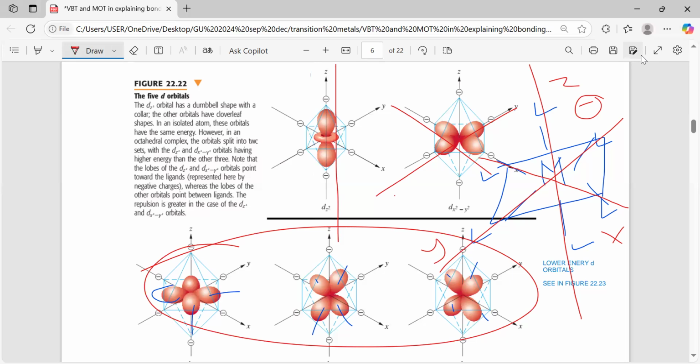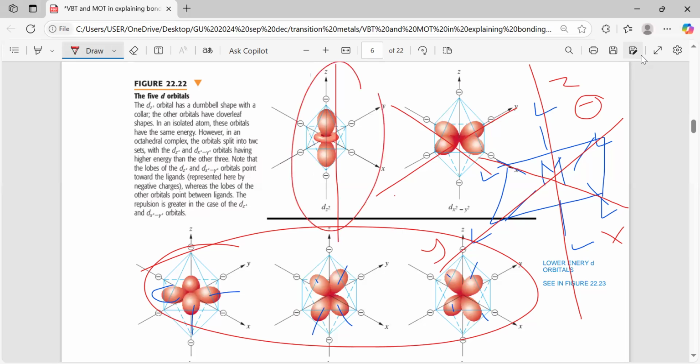So when a ligand comes, it takes exactly the X, Y, Z orientation. And if an orbital is there, there'll be a direct interaction and therefore high repulsion and high energy. So the only orbitals that interact directly with ligands are which ones?